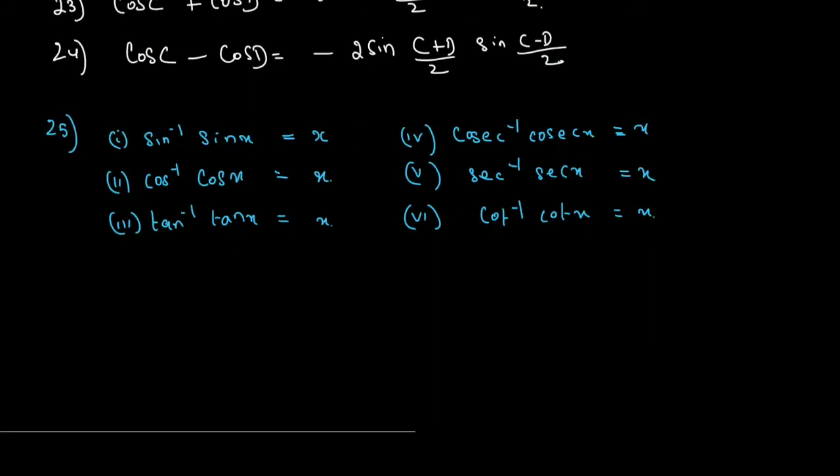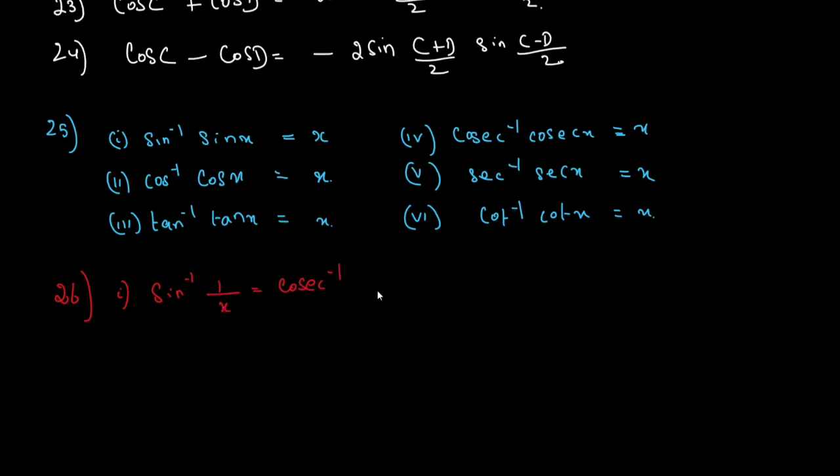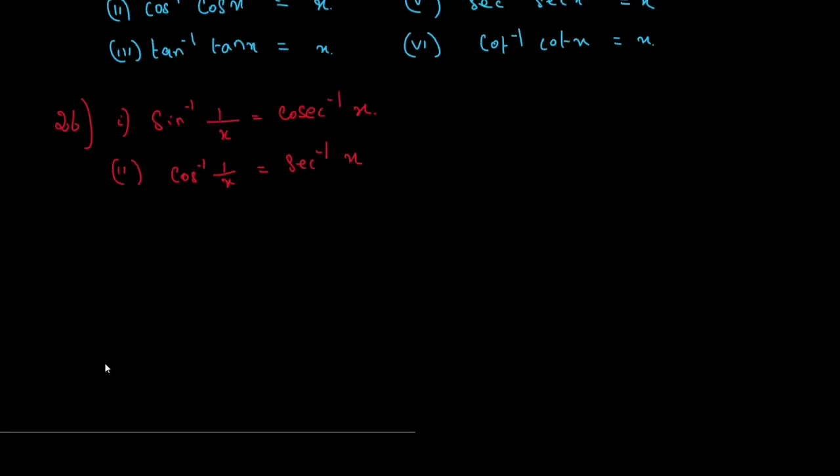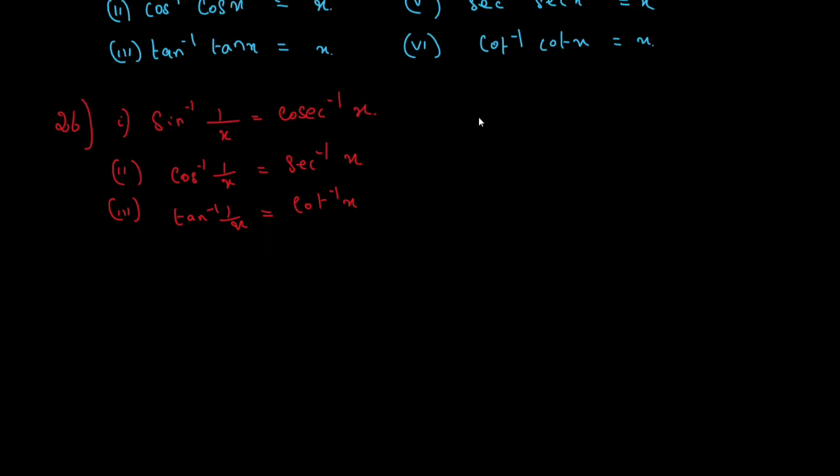Okay. 26th formula: sin inverse 1 by x will be cosecant inverse x, since the reciprocal of sin is cosecant. Similarly, cos inverse 1 by x will be secant inverse x, the reciprocal of cos. The next one: tan inverse 1 by x is cot inverse x.